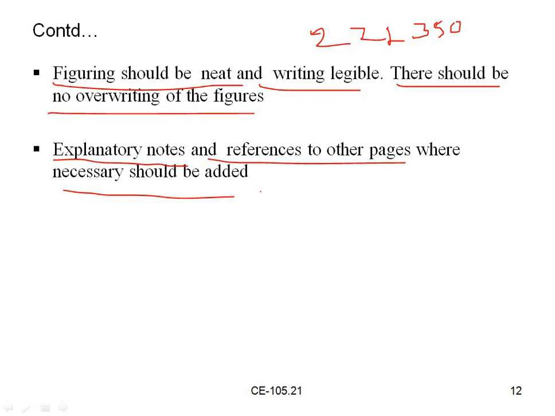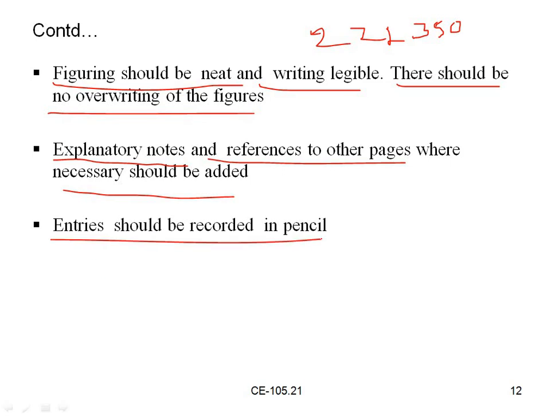Then the reference pages should also be written where it should be added, and entries should be recorded in pencil. We use a pencil for the field book so that we can erase and rewrite. If you write with a pen and a mistake happens, you cannot correct it. That's why we prefer the pencil for recording in the field books.